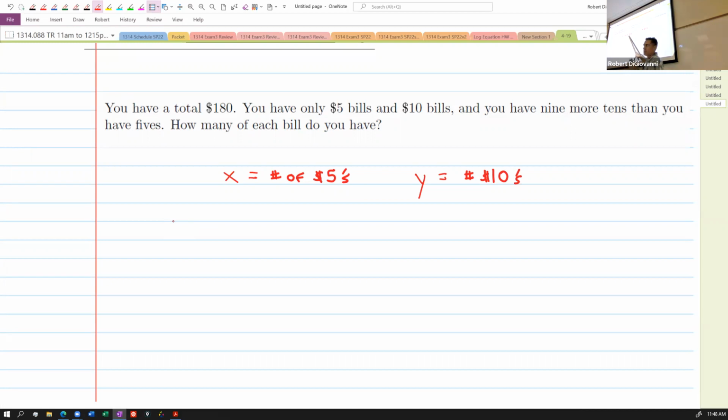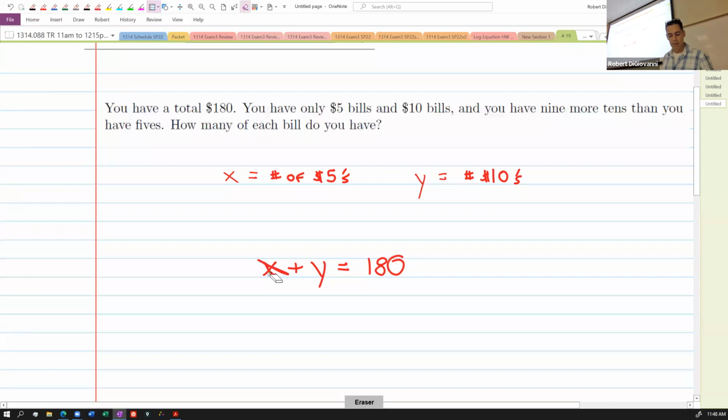If X is 3, you have $15. So think about it. If you say X plus Y is 180, aren't you really telling me that the total number of bills you have is 180? Like you have 180 bills in your hand. That's what that means, right? So we would have to have what instead?